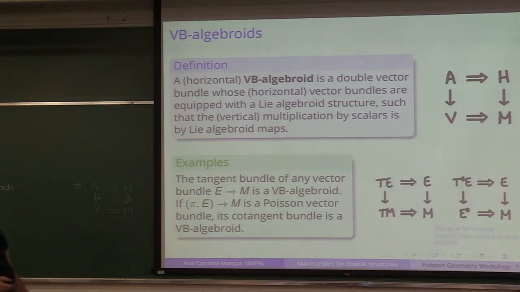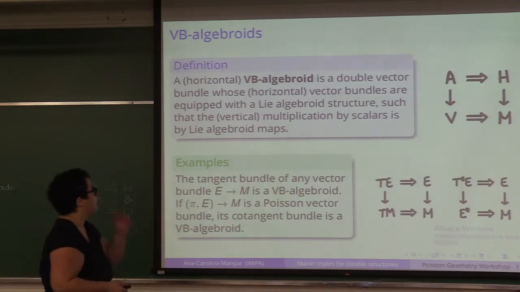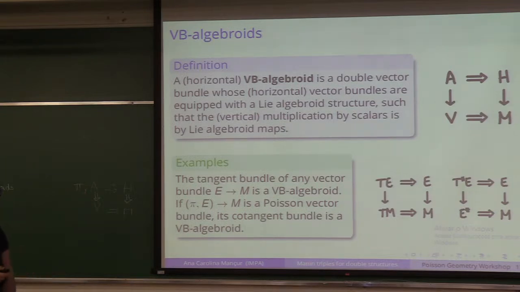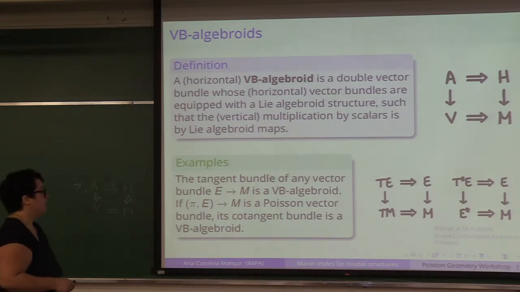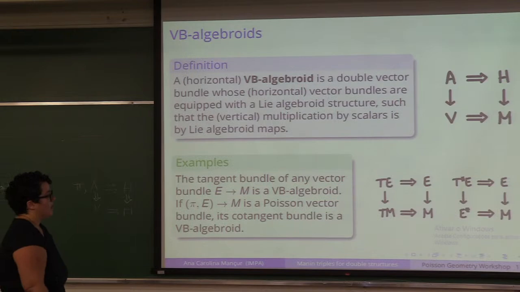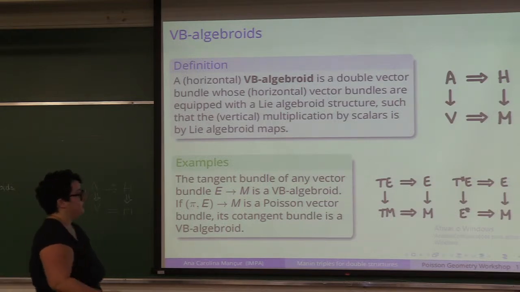We have a lot of examples of VB algebroids. If you have a Lie algebroid, its tangent is also a VB algebroid, and if you have a Poisson vector bundle, the cotangent is also a VB algebroid.